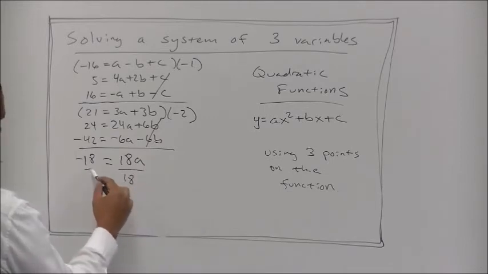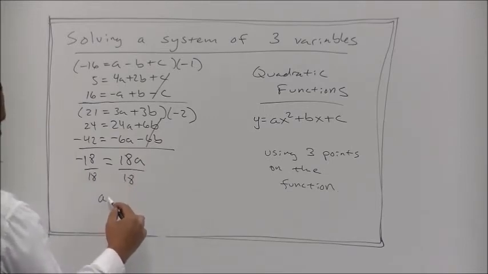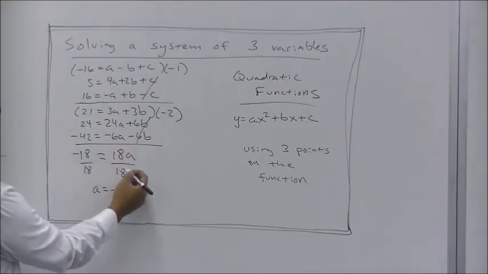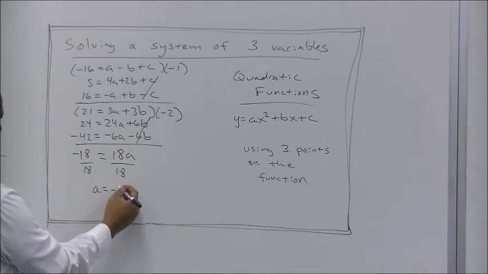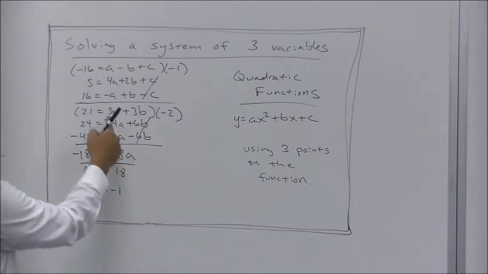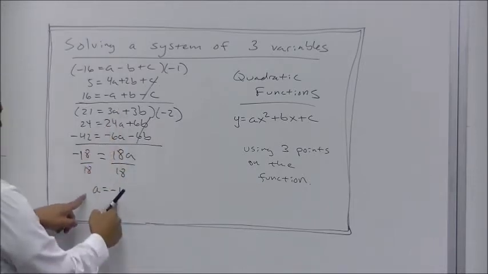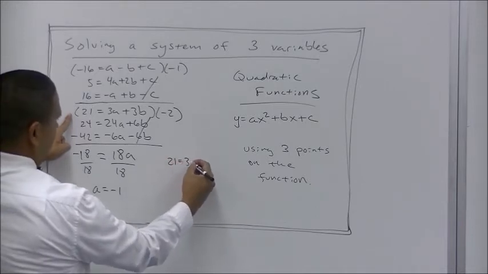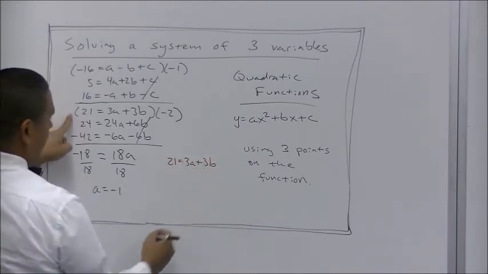Hey, so we got our first one. What's a equal? -1. Okay, so divide by the 18 and a equals -1. How are we going to find b? Plug it back in. Good job, Al. So we can take the first equation, 21 equals 3a plus 3b.